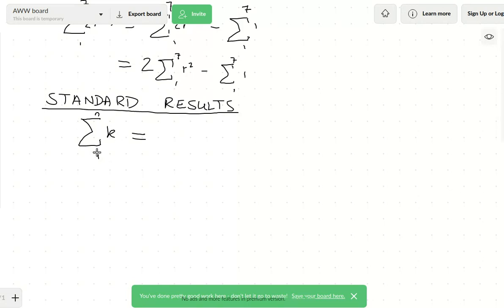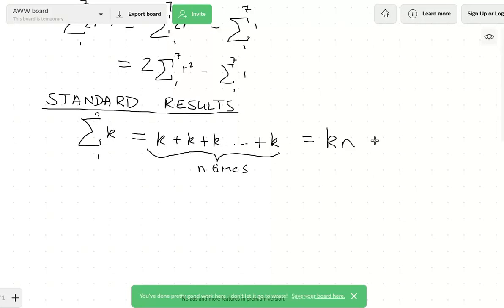The k is a constant. The variable r, which we normally use in sigmas, isn't there. So what this really means is k plus k plus k, n times. There's going to be n k's there. Because when we plug 1 into a constant, the variable isn't there, so it's just really counting how many times we're adding the constant. So I'm sure you'll agree that that is simply kn.